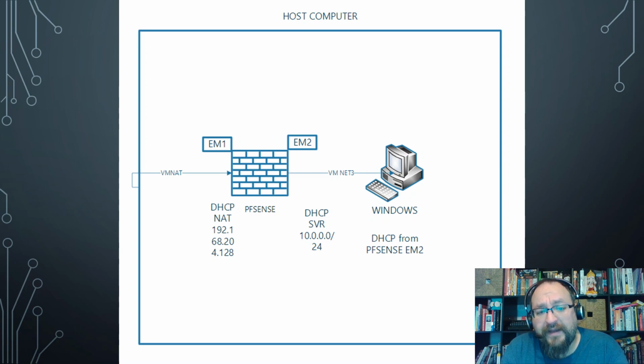If we static set that, we would not expect this virtual configuration to ever change. In a production environment, say at a business or maybe even at your home, this is fine, static set that. But for today's lab and for future labs with pfSense, we're going to leave that flexible.